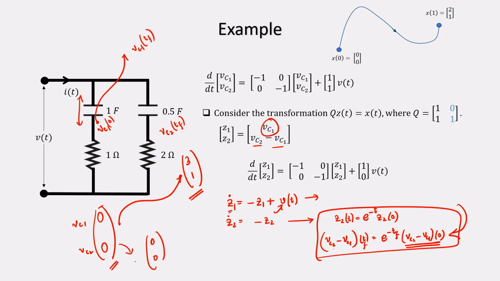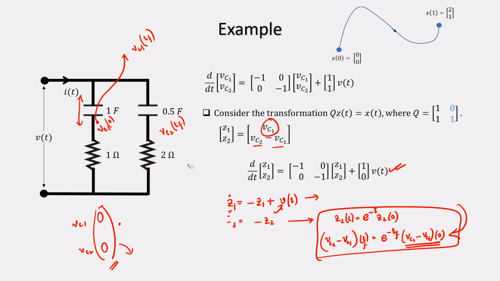In the transform vector, this will be your Z, Vc1 and Vc2 minus Vc1. So, I have to go from here to 3 minus 1, which is 2. In the transformed system, I have to go from 0 0 to 3 2. But this is not possible, because this is an uncontrollable system, and we have shown that we can change from 0 to 3, but we will not be able to go from 0 to 2, because this will depend upon the initial conditions. I hope physically you have understood the meaning.